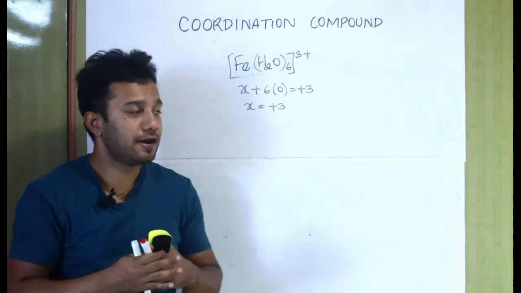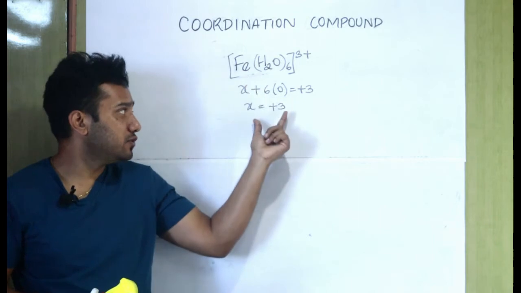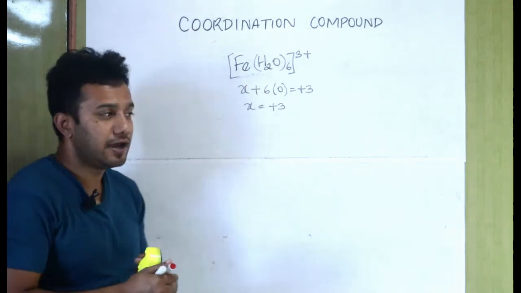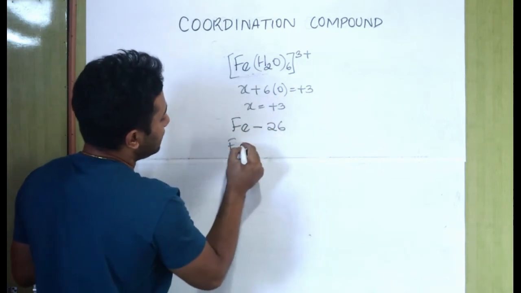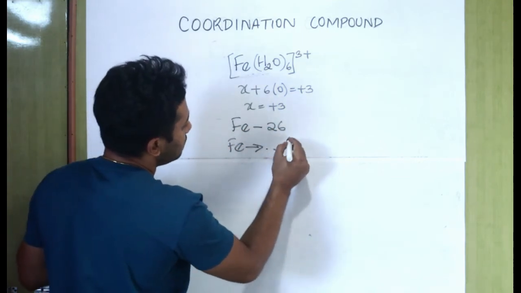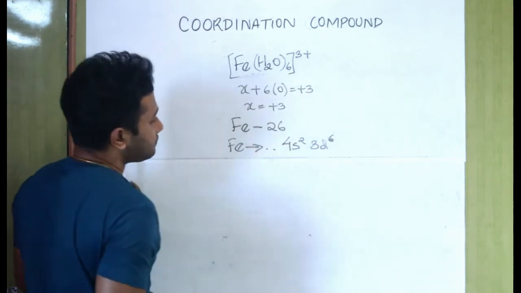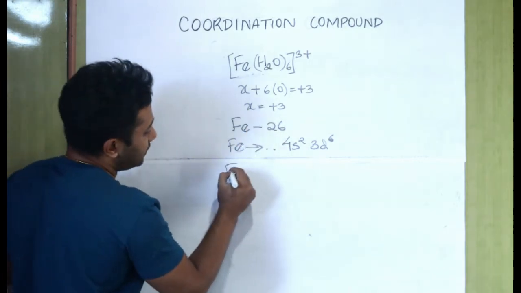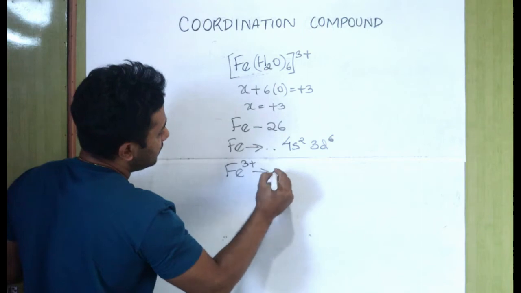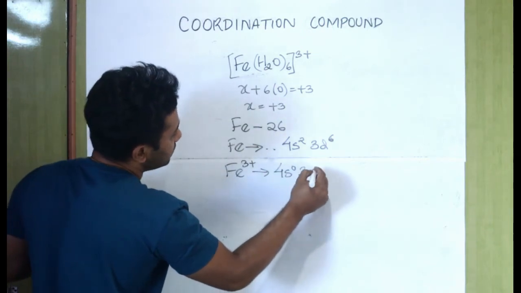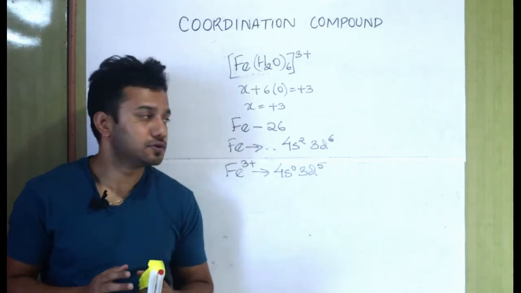So now again we have [Fe(H2O)6]3+, and if I find the oxidation state of Fe, we have plus 3. The atomic number of Fe is 26. If I write the electronic configuration, I'm just writing the last one: 4s2 3d6. So if it is Fe3+, we shall have 4s0 3d5. Why? Because you're going to remove 3 electrons.